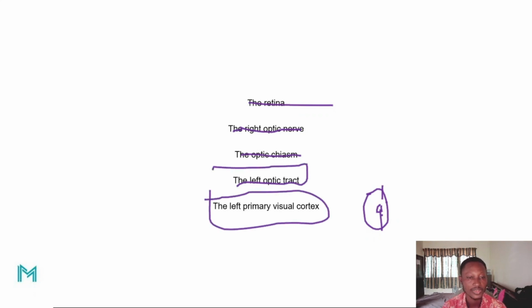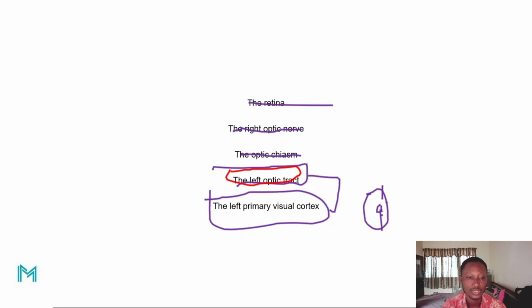Now, our question never really gave us any specifics as to whether there was macular sparing or not, but your answer is between these two. And so in that situation, you are better off choosing this option because the question did not give any specifics as to whether there was macular sparing. But these are the two possible answers that you could get.